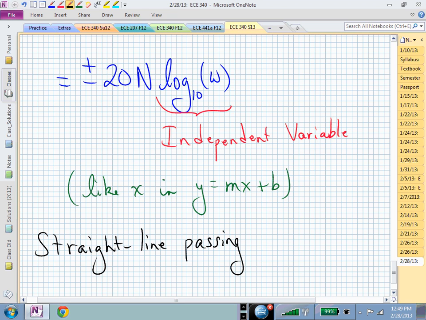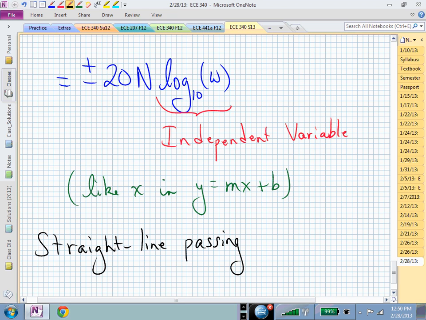A nice value would be when omega is 1, because we all know that the log of 1 is 0, and 0 times anything is 0. So the vertical height will be 0 when omega is 1.